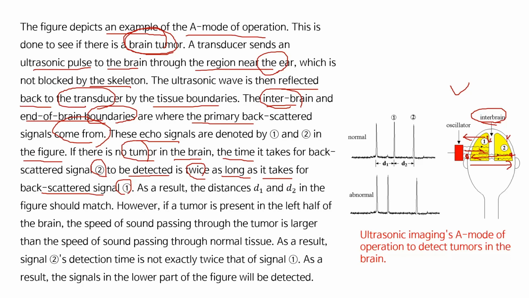So if there's no brain tumor here, the time taken by backscatter signal 2 is twice that of signal 1, because the traveling distance is twice.